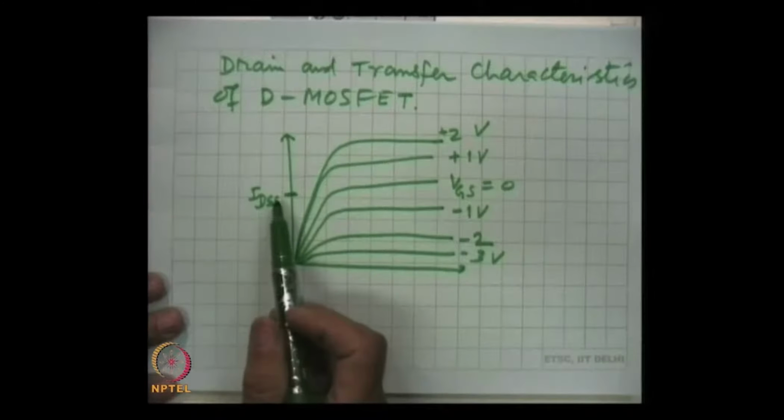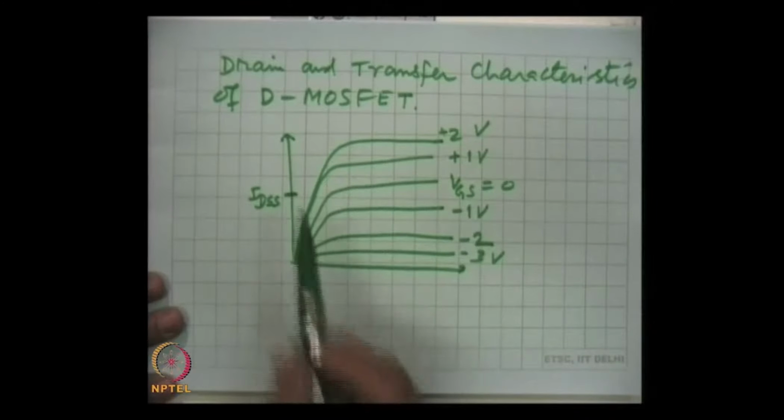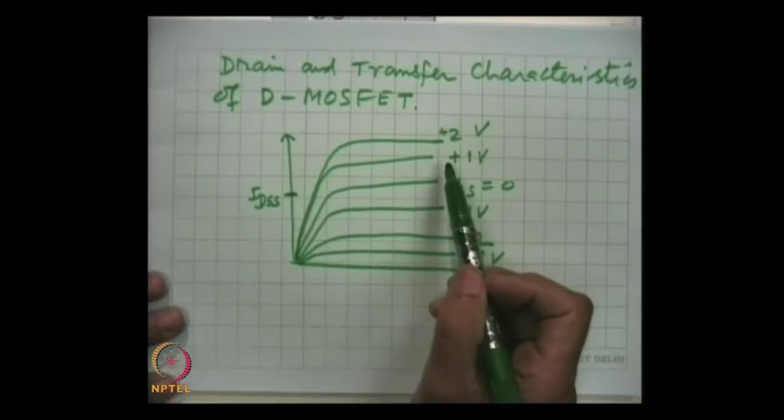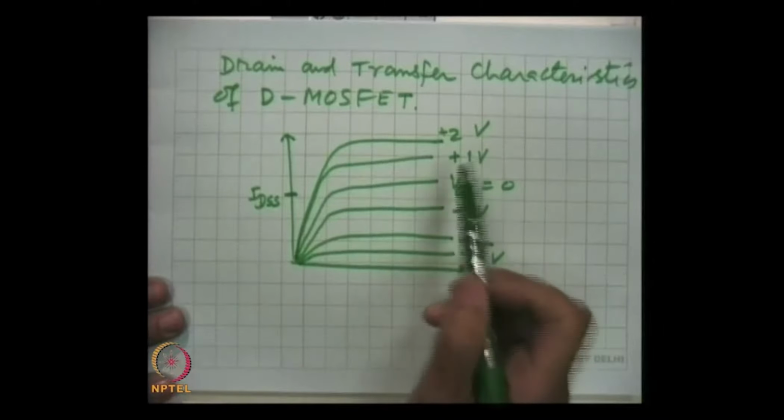But unlike the junction field effect transistor, where this IDSS was the maximum current in the device, this is not true in the case of the depletion MOSFET. In the depletion MOSFET, the current can increase, and it does increase when we give a positive voltage to the gate electrode.